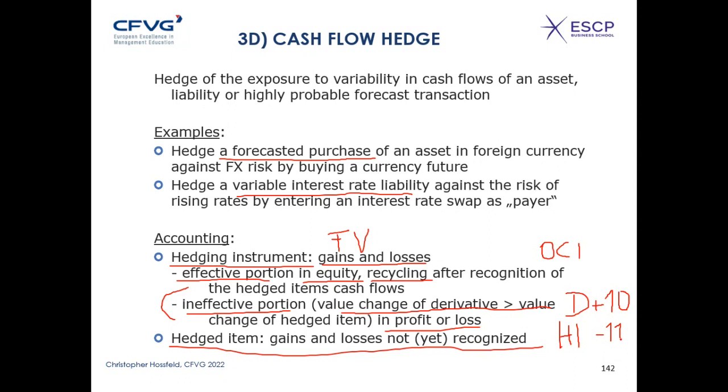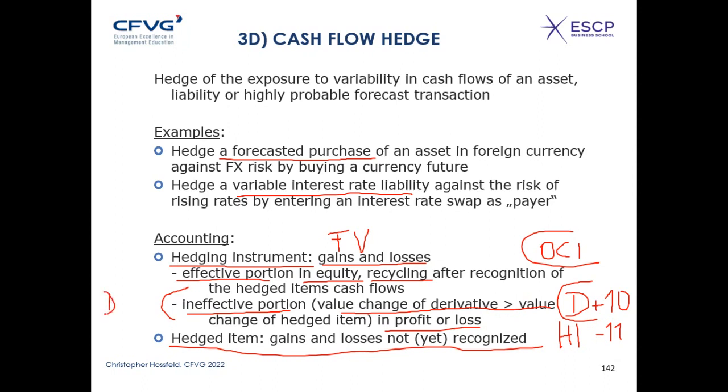It's not a perfect hedge, but it's not an ineffective hedge in the sense that I have an ineffective portion. That means there would be nothing, everything would be recognized in OCI. The full 10 would go in OCI. There is no ineffective portion in the sense defined here, because the value change of the derivative is smaller than the value change of the hedged item.